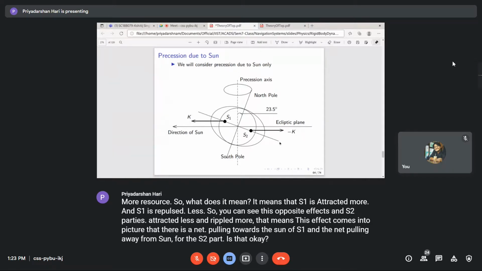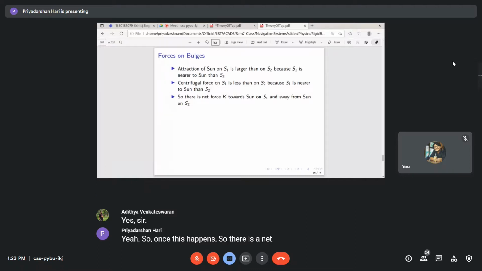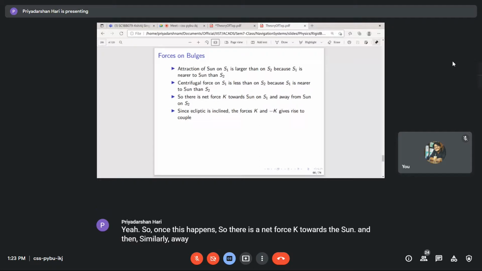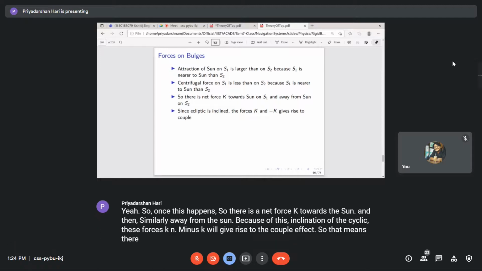Yes, sir. So once this happens, there is a net force K towards the sun and similarly away from the sun. Because of this inclination of the ecliptic, these forces K and minus K will give rise to the couple effect. So that means there is a torque in which direction?